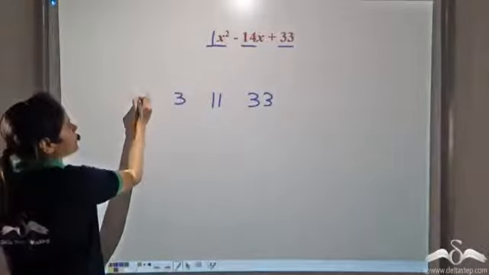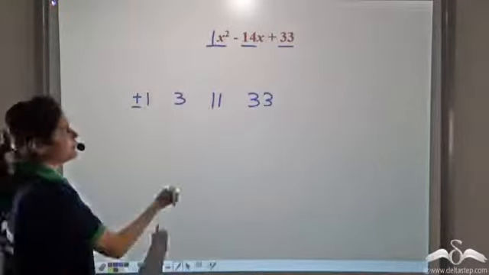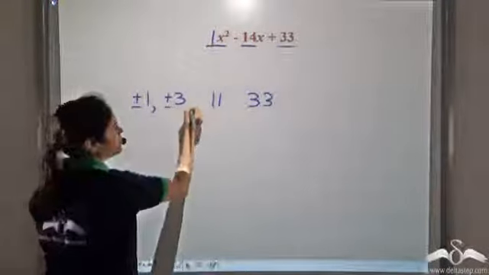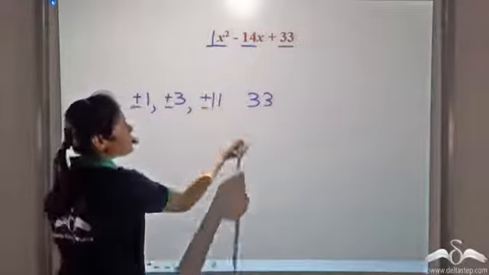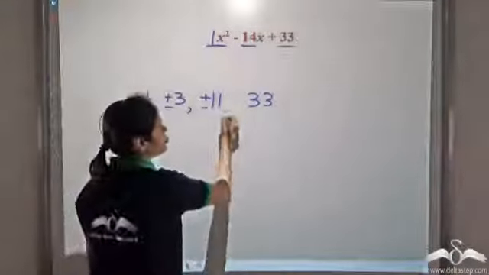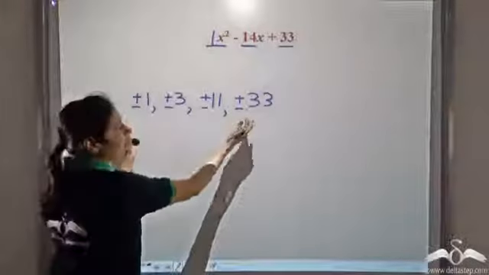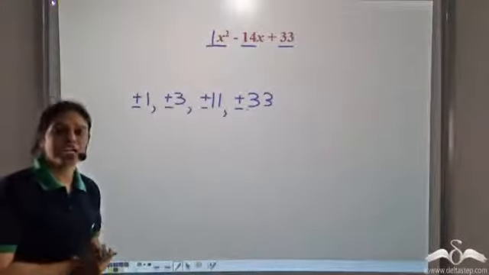So we check for plus and minus 1. We check for plus 3 and negative 3, plus 11 and negative 11, plus 33 and negative 33. So we have limited our possibilities to just 8 numbers.